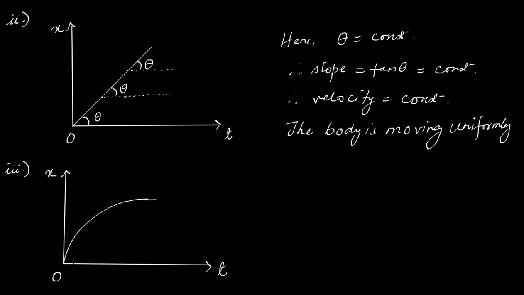So at the origin it makes an angle theta. Now what we will do, just for our understanding's sake, is draw imaginary lines parallel to the x-axis. If at this point I draw a line parallel to the axis, I will get this value of theta. At this point, this is the angle. At this point, this is the angle. And do you see that the value of theta keeps on decreasing?